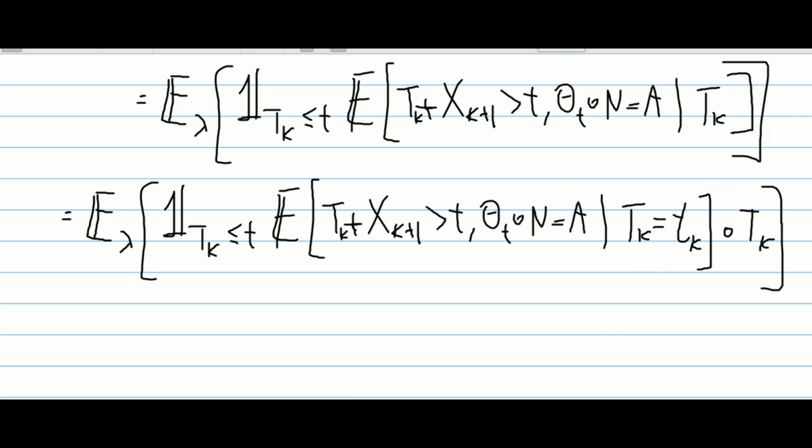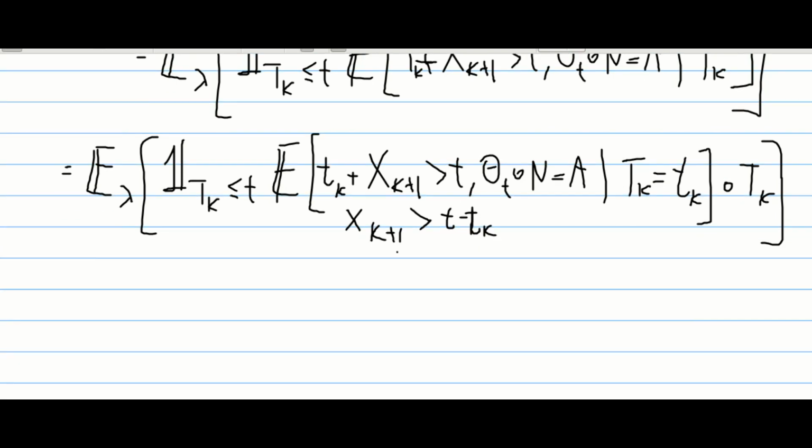And then we use the substitution principle to replace every occurrence of uppercase Tk with lowercase tk. So this becomes lowercase tk plus X_{k+1}, which we of course can also write as X_{k+1} is bigger than t minus tk. Okay, so now we have something here that we actually can reasonably well compute.